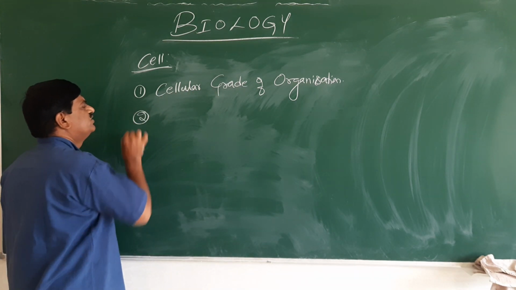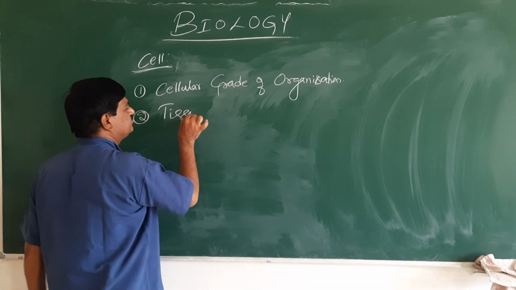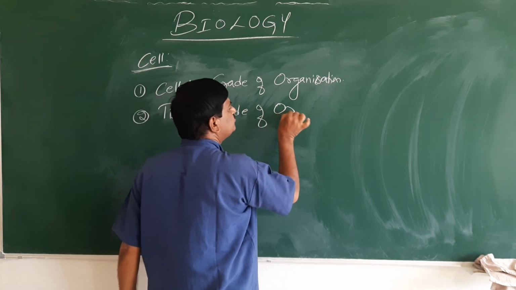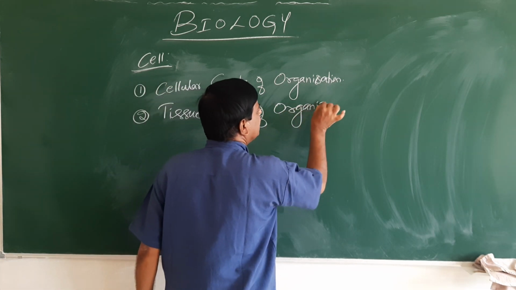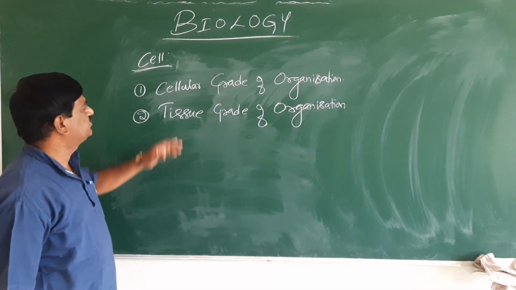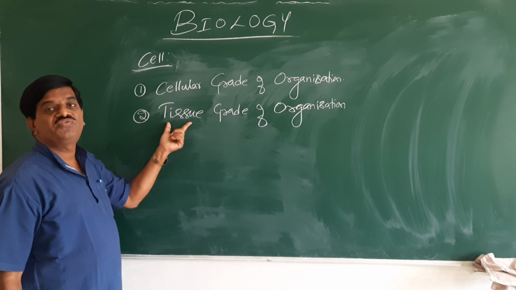We will go for the second one, called tissue grade of organization. The meaning of tissue grade of organization: a group of cells helps in the formation of a tissue.